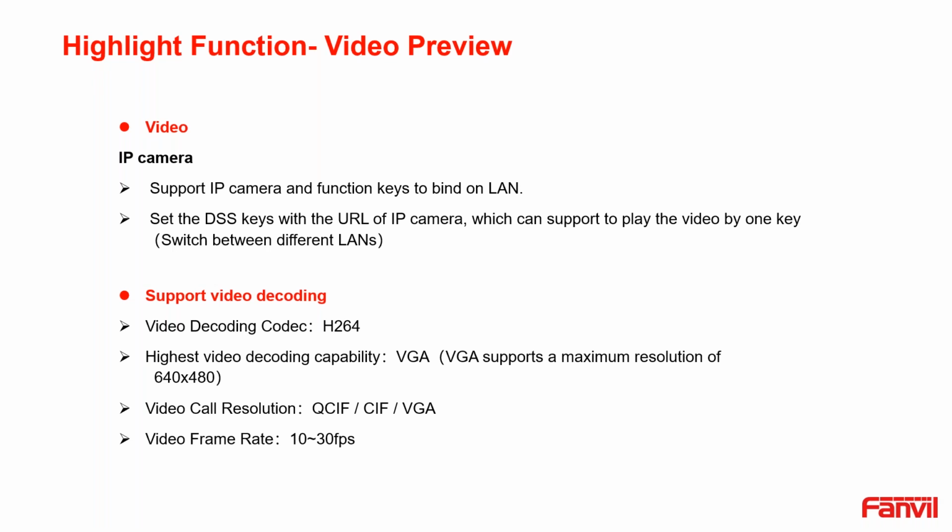The second one is that the highest video resolution is VGA mode. If you want to use a camera or SIP device whose video resolution is higher than VGA, for example D1, 720p or 1080p, our IP phone, the X7 or X7C, can even establish the video call, but no video will be displayed, just a black screen or black window.